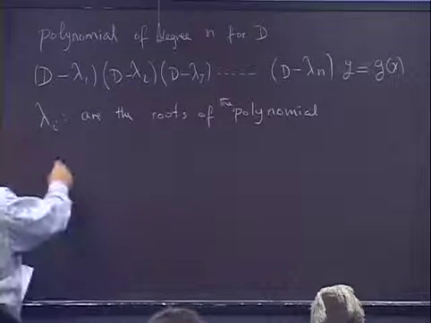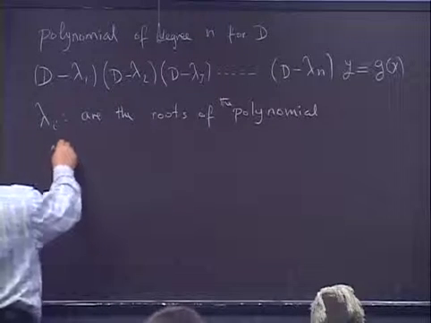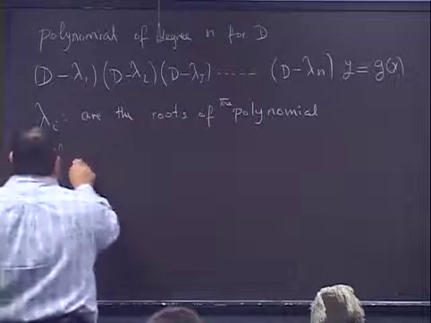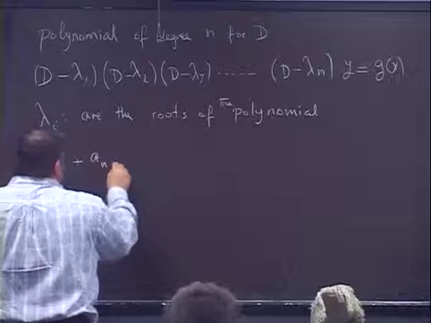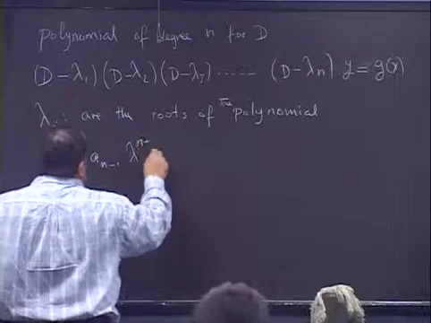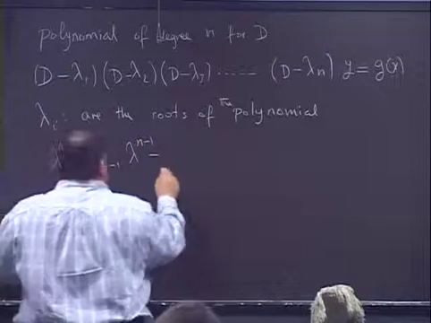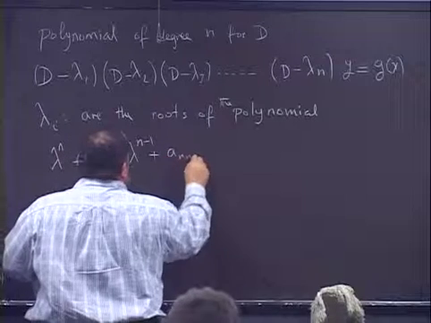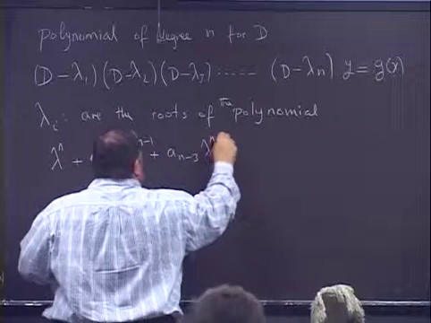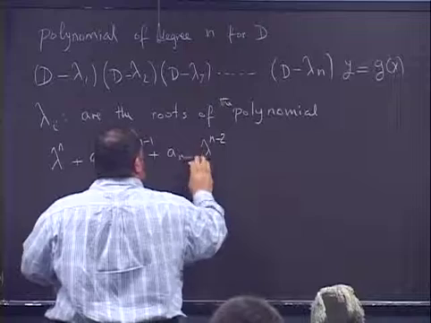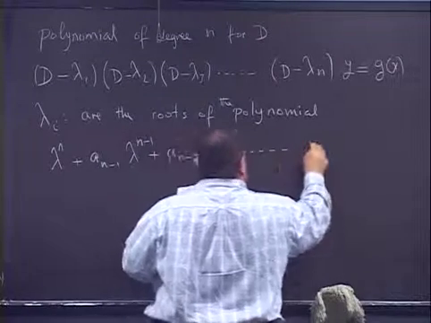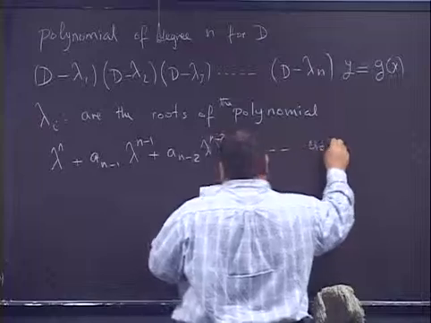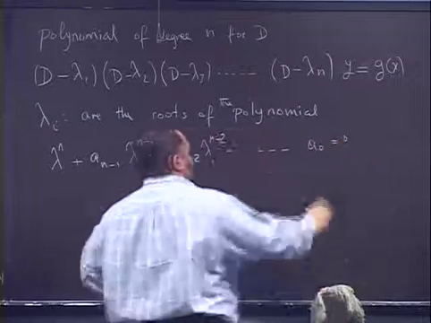And we can write the polynomial again as lambda^n plus a_(n-1) lambda^(n-1) plus a_(n-2) lambda^(n-2), up to a_0, equal to 0.